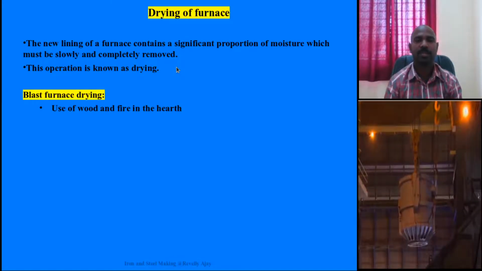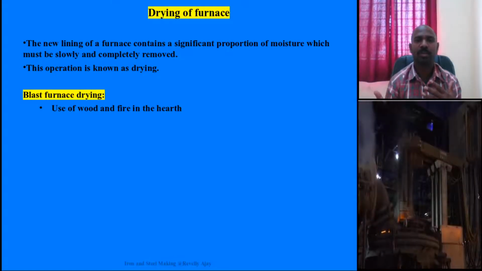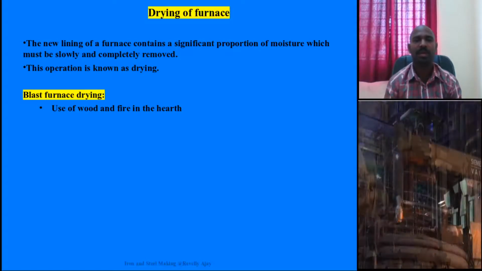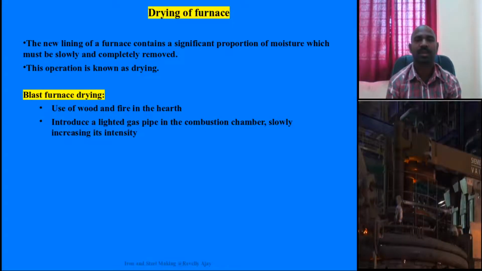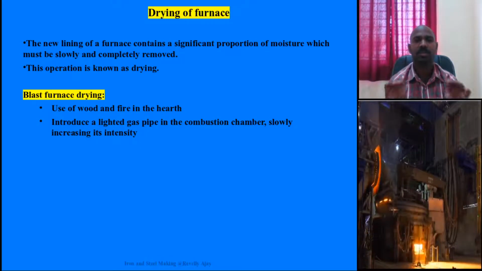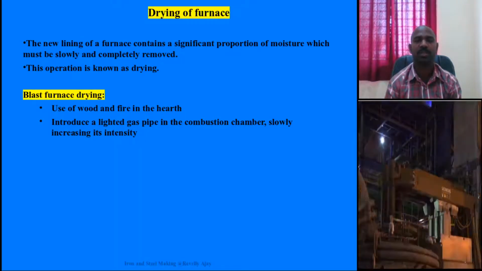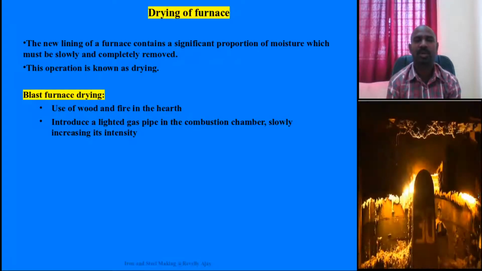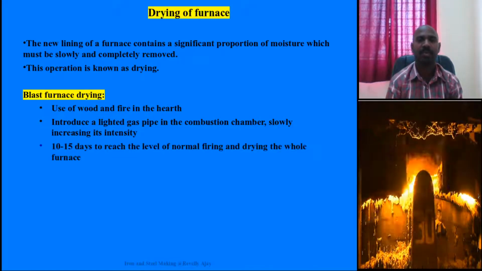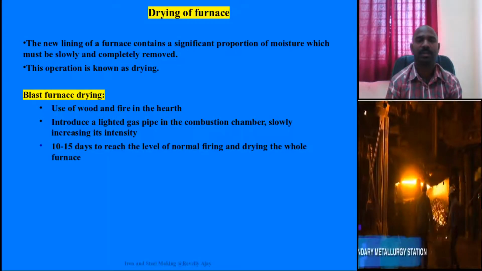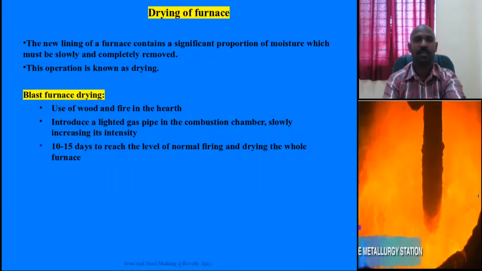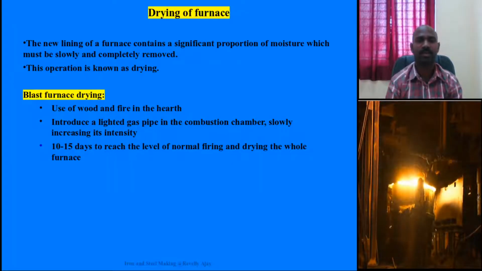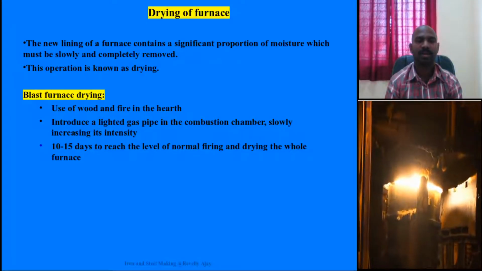First you fill wood strips at the earth zone and start giving the fire, or introduce the gas pipe, light and burn the gas pipe in the combustion chamber of the blast furnace. Slowly increase the intensity of that particular gas burner. Around 10 to 15 days will be taken to dry out the entire blast furnace. So slowly you need to do each and every corner.